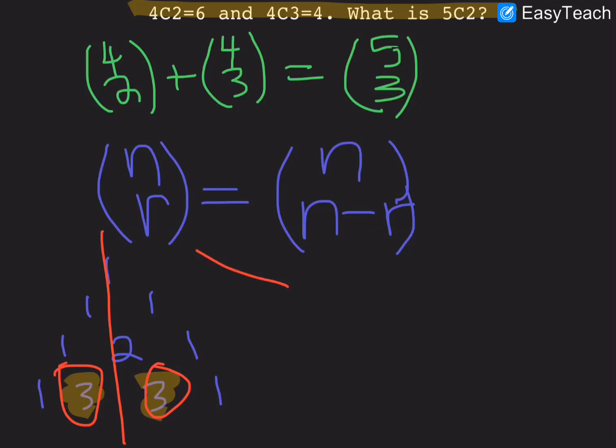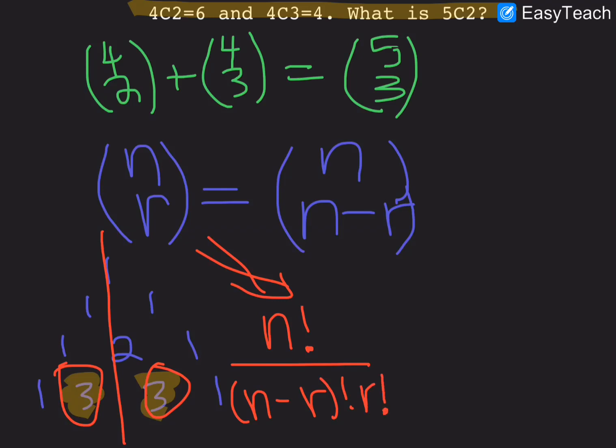So we'll do what we did with the Pascal identity and expand this, saying that n factorial over n minus r factorial times r factorial is this first term, and that's also the second term. So they are equal. Another way of saying it is that picking r objects in is equal to picking n minus r objects out.